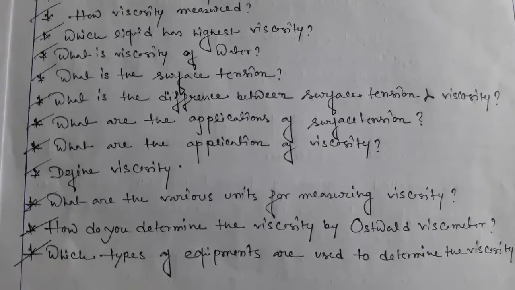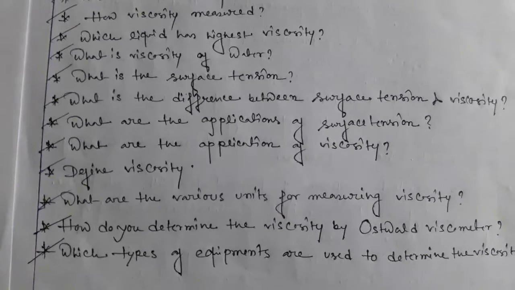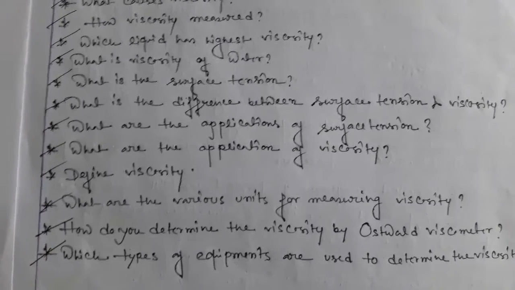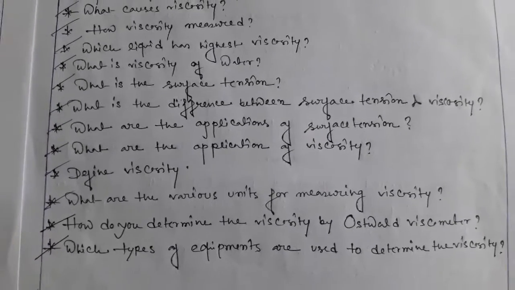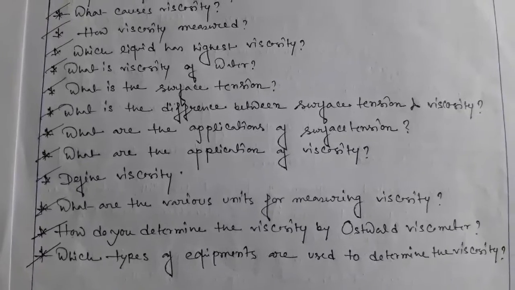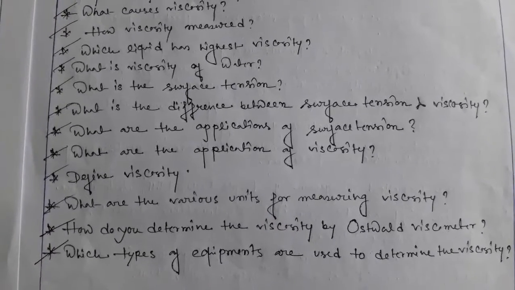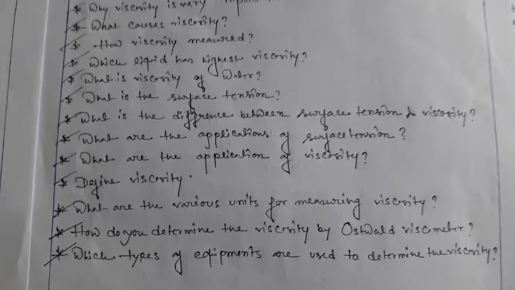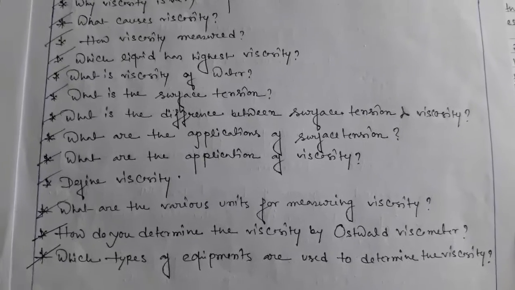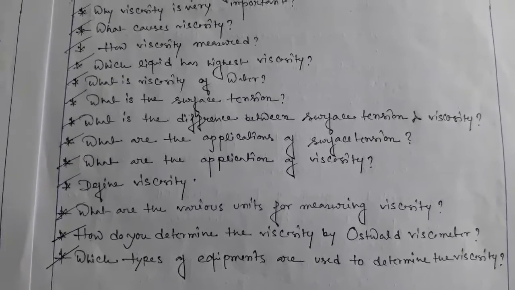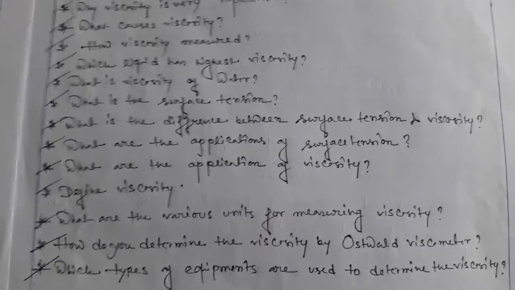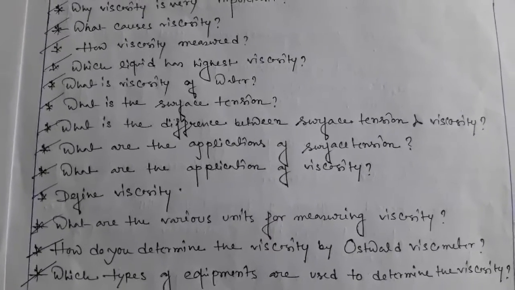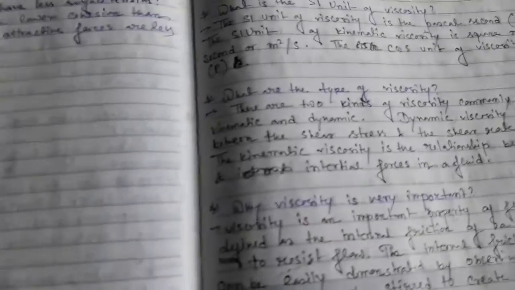I have already told the applications of surface tension, and now I will tell the applications and definition of viscosity, the various units for measuring viscosity, how you determine viscosity by the Ostwald viscometer, and which types of equipment are used to determine viscosity. These types of questions are very important from the viscosity chapter. So first of all, I am discussing the definition of viscosity, its formula, etc.